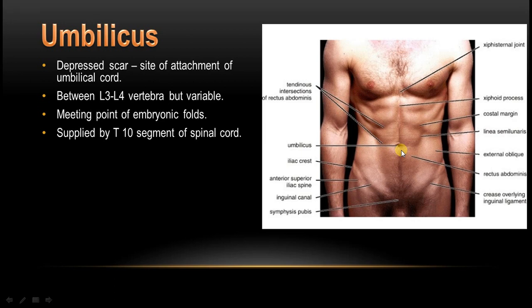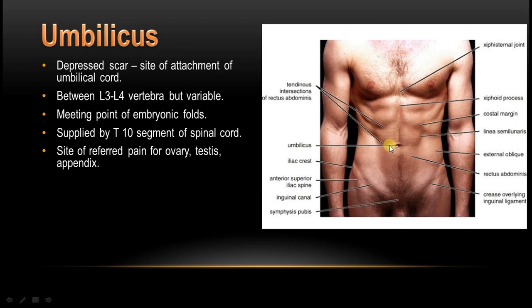The tributaries of the portal vein anastomose with the tributaries of the caval or inferior vena caval system. So this is one place where a portocaval anastomosis takes place. Then it is a common site of herniation, umbilical hernias.